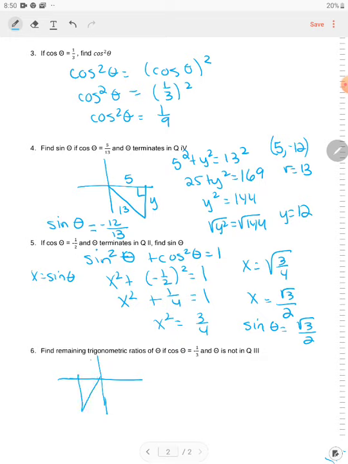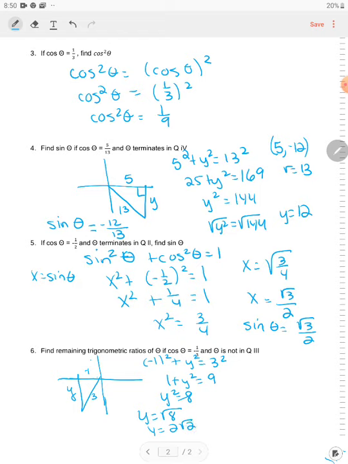So that means that we want to have this picture, negative 1, we want a 3 here. So again, we have to find y. Negative 1 squared plus y squared equals 3 squared. 1 plus y squared equals 9. Y squared equals 8. Y is equal to the square root of 8. So if we break it down, that's y is equal to 2 square root of 2.